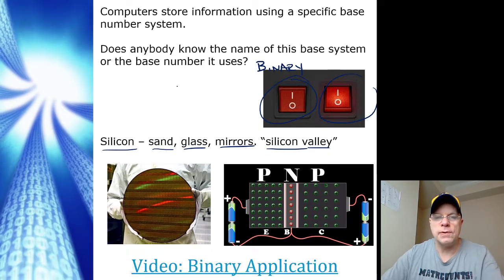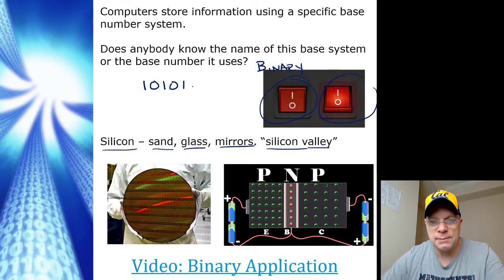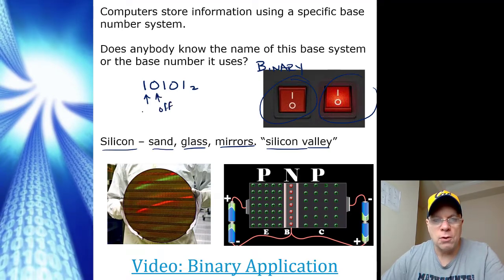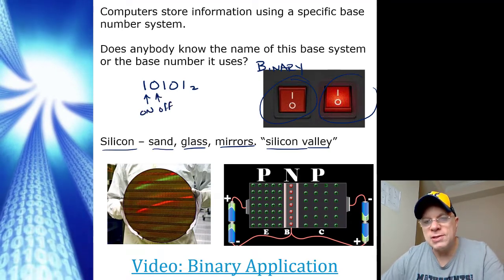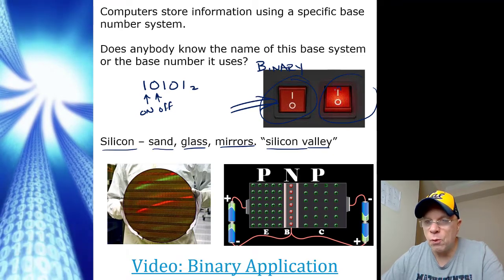Before I show you this video, let's just talk about ones and zeros. I gave this example in the email I sent you of how 21 would be represented, but just to show you what we mean by off and on, 0 is off, 1 is on. If you look around the house, you may see some switches that have these symbols on them, and you may have never realized that the 1 means on and the 0 means off.